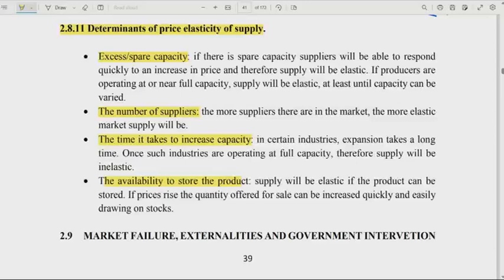But if the product can't be stored, it will be inelastic. For example, meat is going to get spoiled. Or tomato. You can't store tomato unless you put it in the fridge, or jars. But the actual tomato cannot be stored; it is perishable.